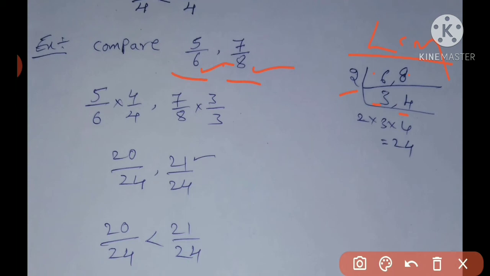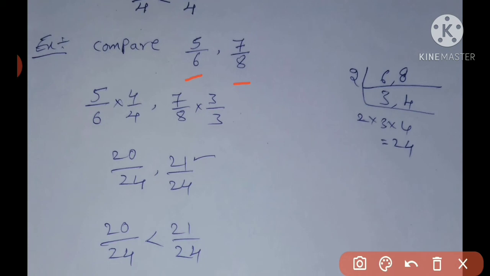Just leave the division and multiply all the remaining values in the L order. So 2 into 3 into 4. 2 threes are 6, 6 fours are 24. What is the LCM of 6 and 8? 24. Now we need to make this 6 and this 8 into 24.